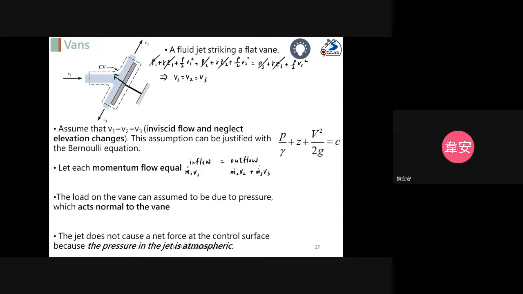So this is the only force in our system, because there is no pressure force on the control surface boundaries, because the system is exposed to the air. Okay, so the final tip, the jet does not cause a net force at the control surface because the pressure in the jet is atmospheric.